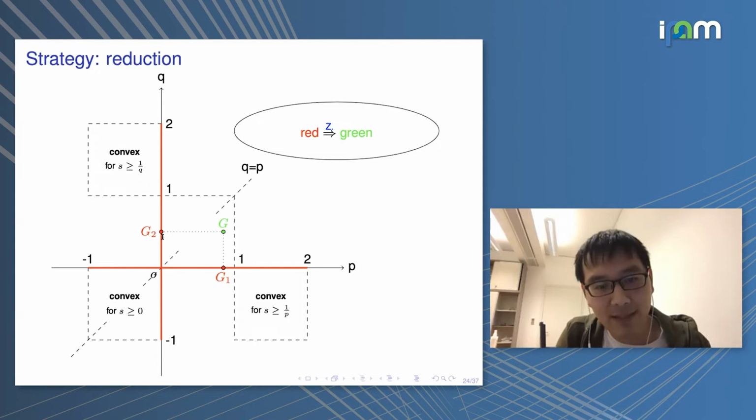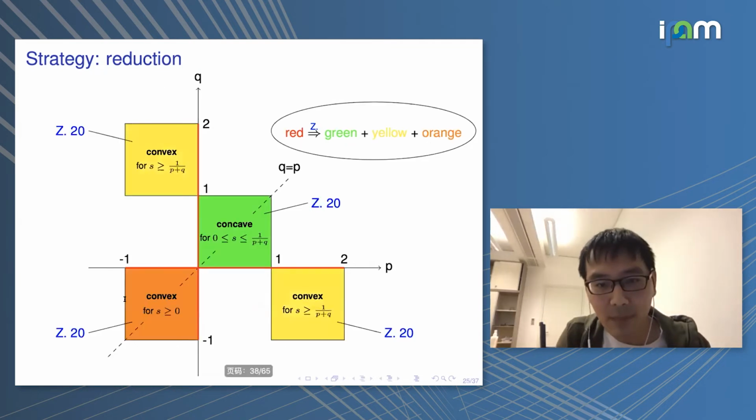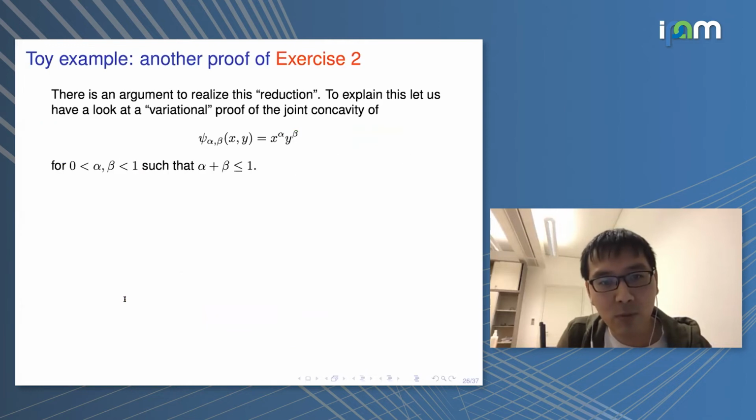If there is such an argument, then very likely a similar argument will work not only for the green part, but also for this yellow part and this orange part. And this sounds a little stupid and incredible, but actually it works. We can find such an argument to realize this reduction method.